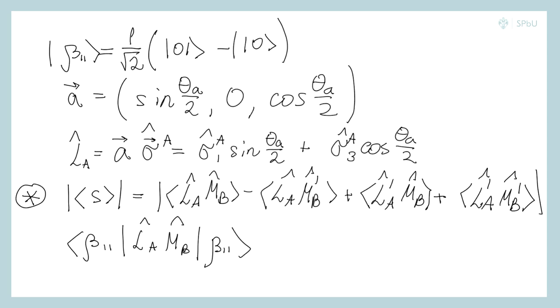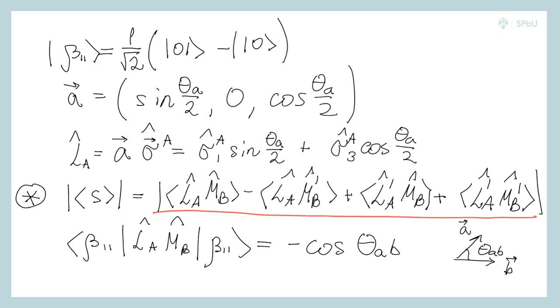And as can be seen, it equals minus cosine theta AB, where theta AB is the angle between A and B vectors. Similar expressions can be obtained for any other term in the sum star.